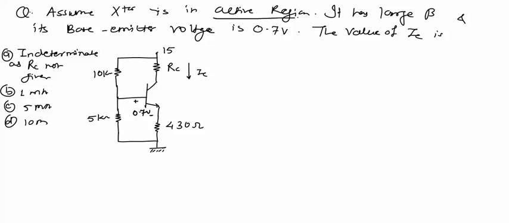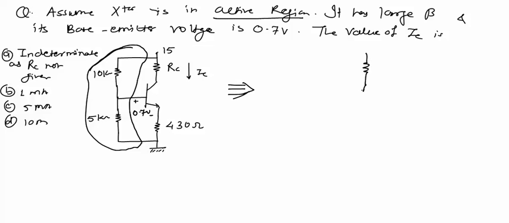Already this transistor is given in active region and VB is given 0.7 volt. This type of biasing, here we have shown, is called potential divider bias, and this potential divider bias can be converted into the simpler circuit which we have seen up to now. The circuit can be converted into this circuit.